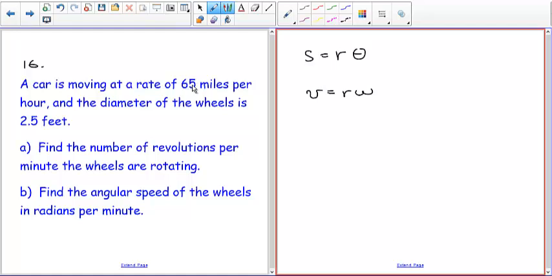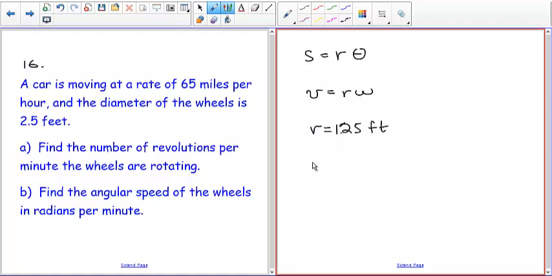What we're going to do is convert this miles per hour to feet per minute, because they're asking for revolutions per minute, and they're giving us the diameter of the wheel in feet. So the radius will be half the diameter, so that's half of 2.5, which is 1.25 feet.